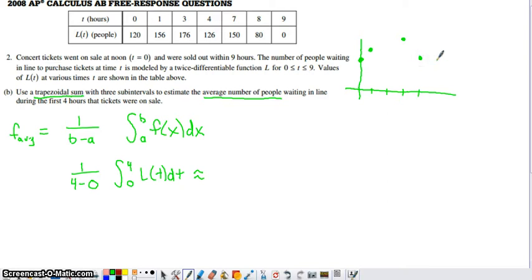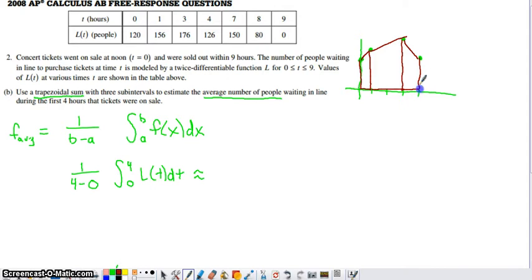So we just have this quick little sketch of a graph where all we've done is plot these 4 points on it. And to carry out this trapezoidal sum properly, we're going to have to find the area of this trapezoid, the area of this trapezoid, and the area of this trapezoid.